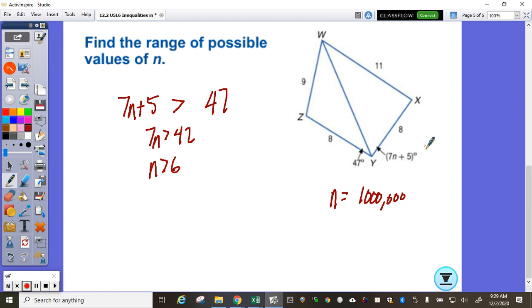Can I put 1 million in here for n? Can this angle be 7,000,005? No, it can't. What's the largest value an angle can be? 360. So therefore, I have to make sure that this angle right here is less than 360.